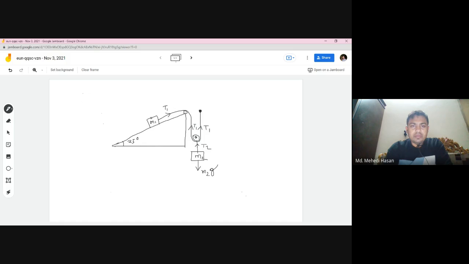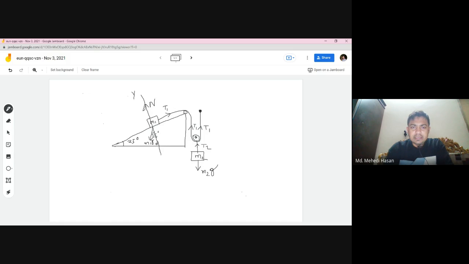if you try to draw the free body diagram, why am I drawing the free body diagram here? The normal reaction force will be upward, and mg is downward, which is m1g, and this mg has two components. This angle is also 25 degrees.